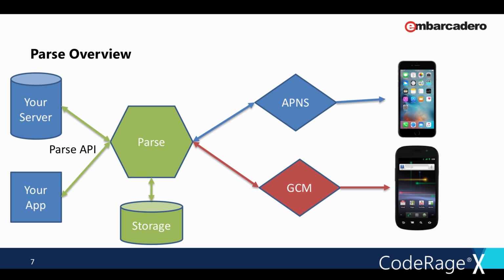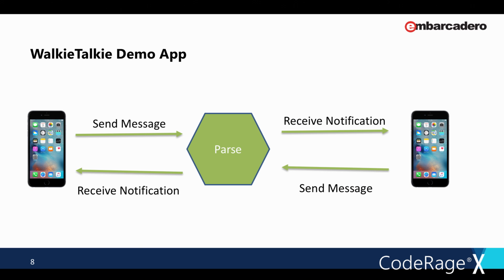So you don't need to run even your own server. In the demo we are going to see today, we are just using that model. We only have an app. We don't use our own server, and we are talking directly to Parse.